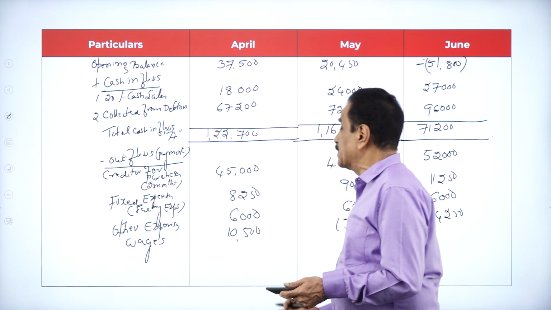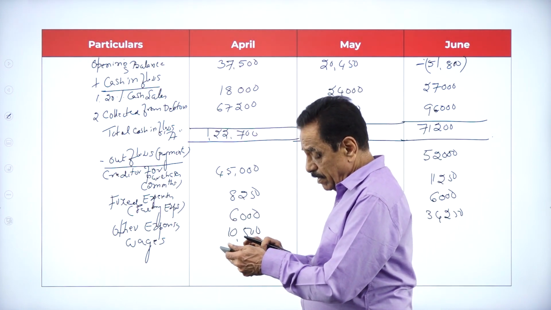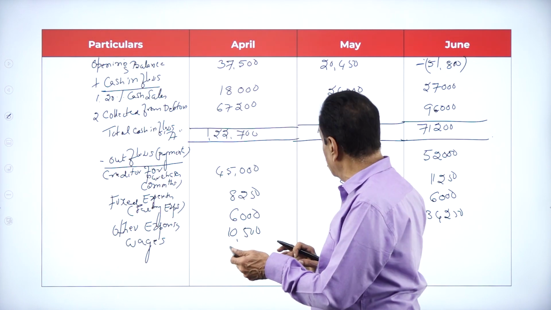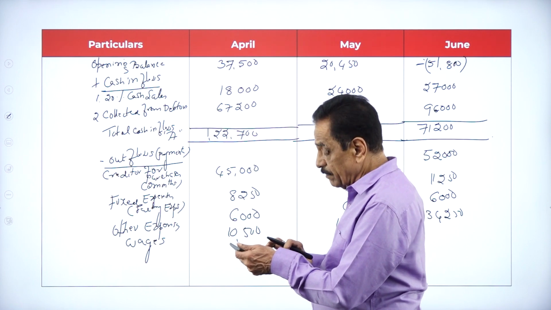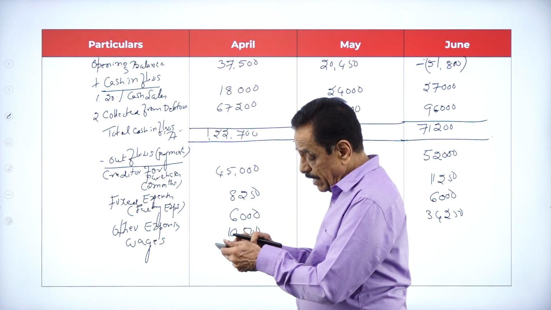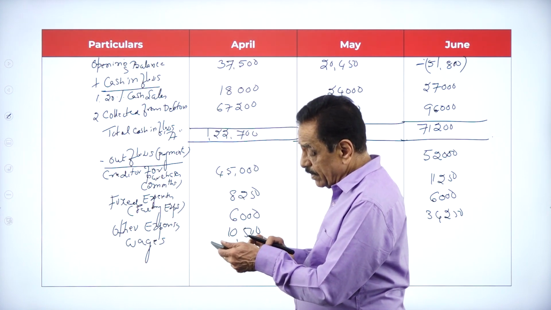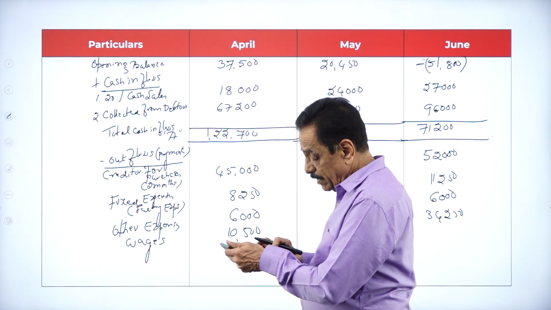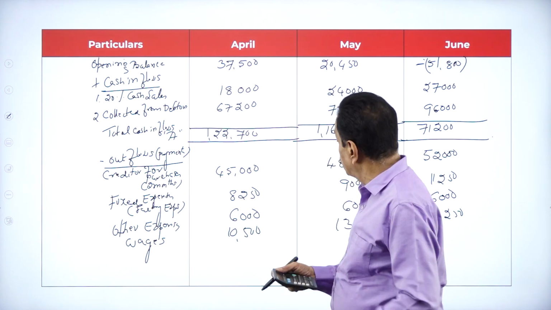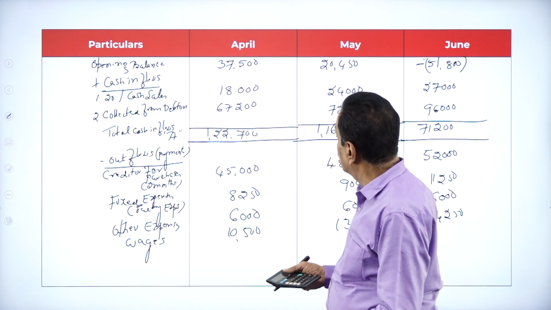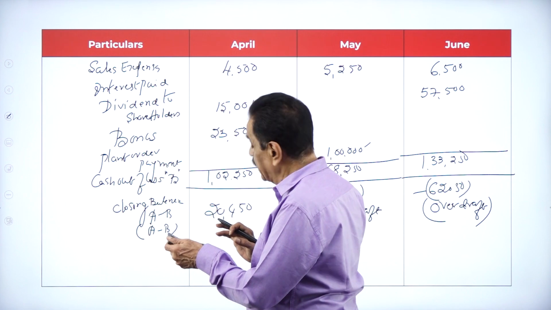Assume that it has been paid in the same month. 45,000 plus 8,250 plus 6,000 plus 10,500, 69,750 plus 4,500.